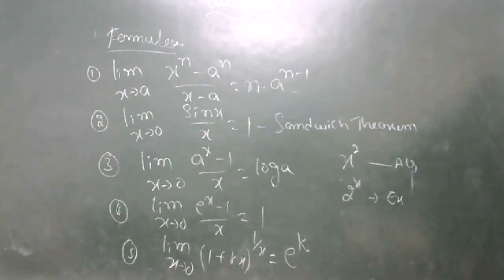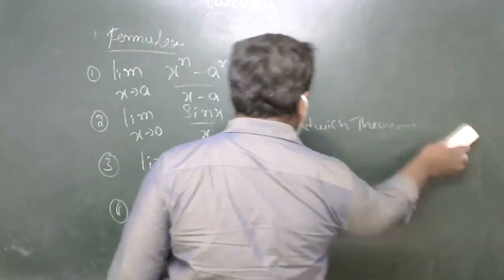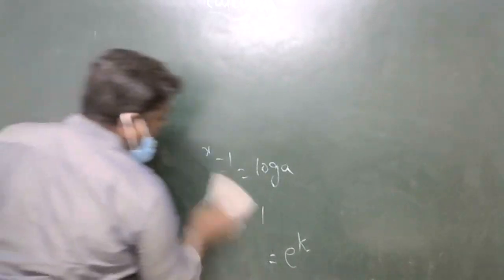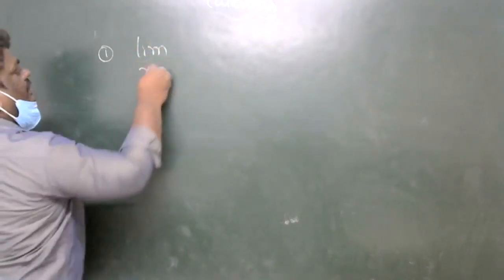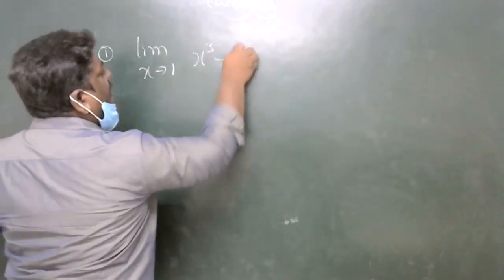Okay, the limit of the first question: limit as x tends to 1, x cube minus x square plus 1 is equal to dash.